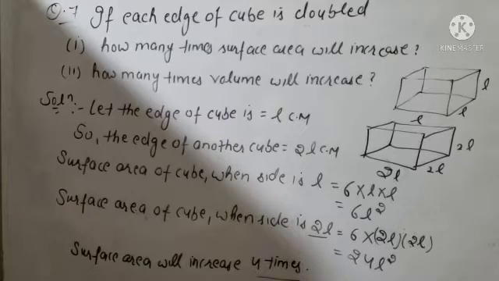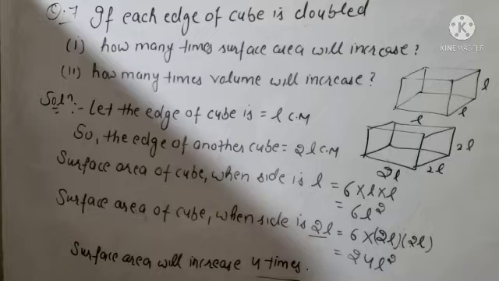Total surface area you will find, which means the surface area of all the 6 sides. So it will be 6 into side into side. Side into side because the base will be like a square, and the area of a square is side into side. So total surface area of all 6 sides will be 6 into side into side, and the side is L now. So 6 into L into L. So it will be 6L square.